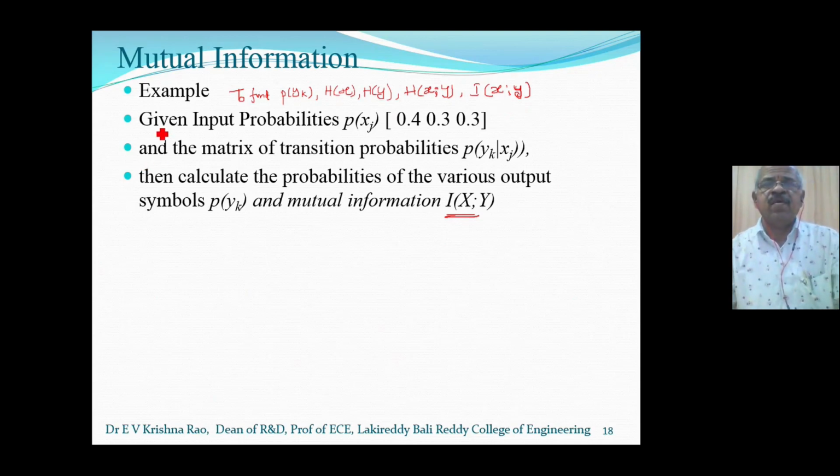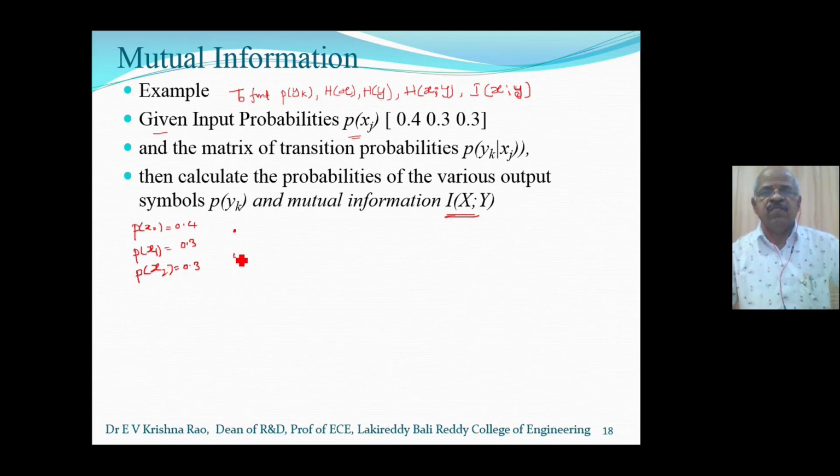The input probability P(xj) is: P(x0) 0.4, P(x1) 0.3, P(x2) 0.3. The sum of all the probabilities is 1.